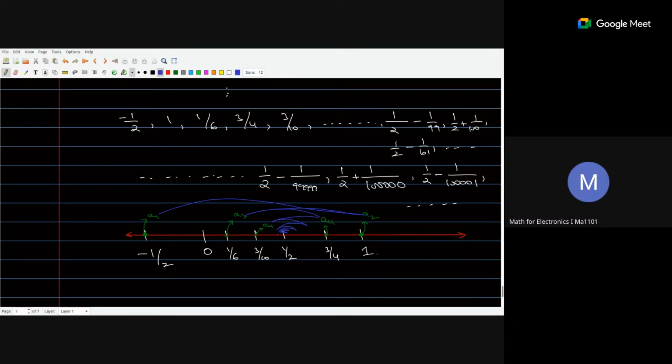And the next number is half plus some 0.000000001. And the next term is half minus a number very close to 0. So slowly it is going closer to half. After a few numbers, it will become stabilized. It will slowly become half.